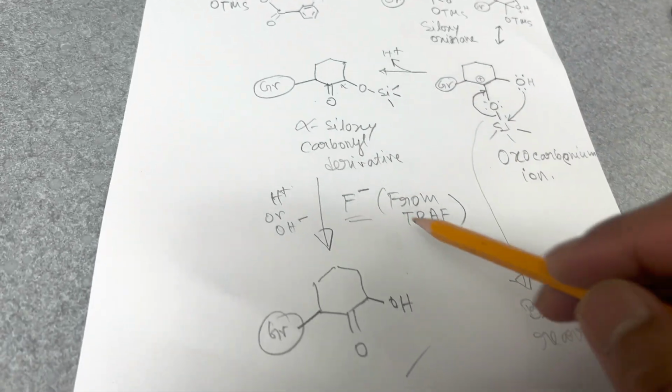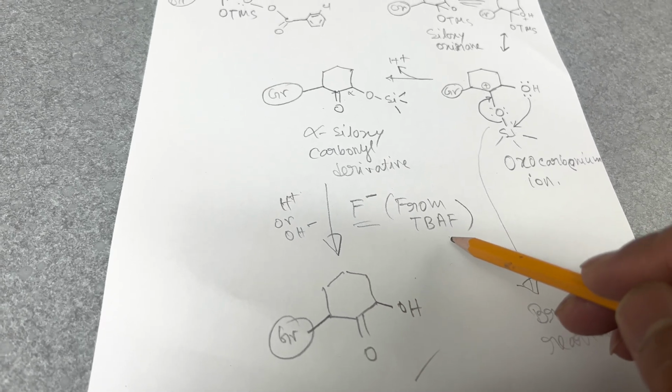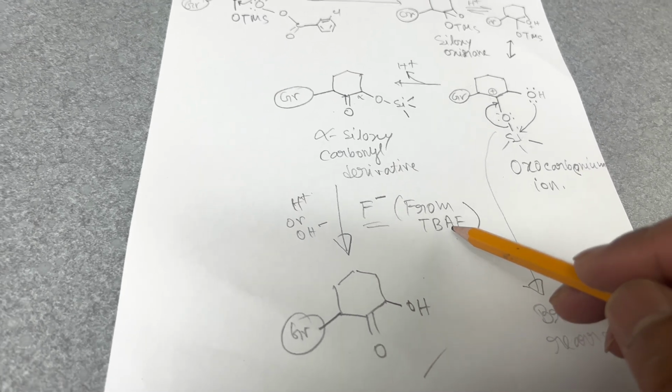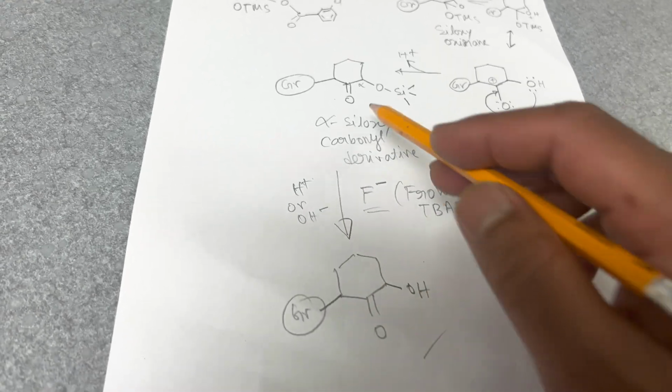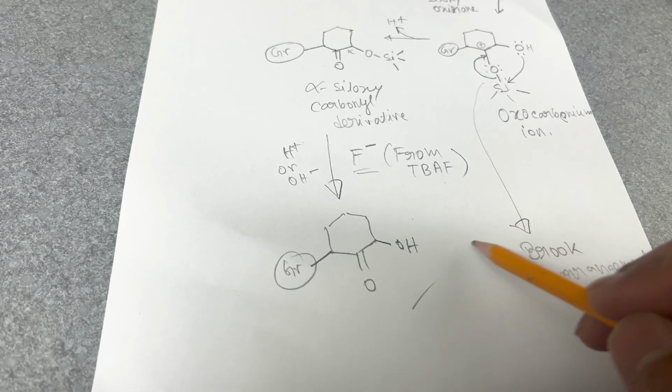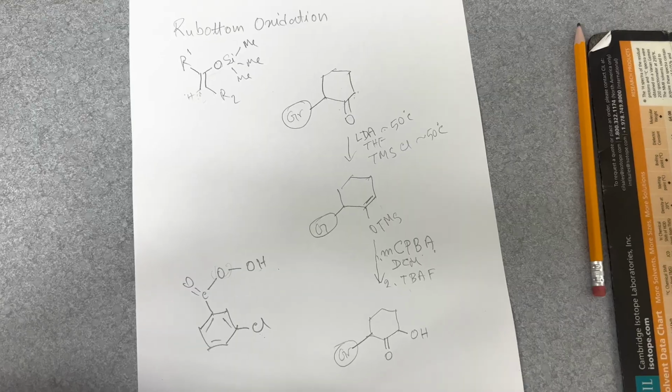You can use a fluoride source such as TBAF, tetrabutylammonium fluoride, or in some cases in presence of acid or base, this silyl group can be removed, deprotected, so that you will get the OH group. This whole process is called Rubottom oxidation.